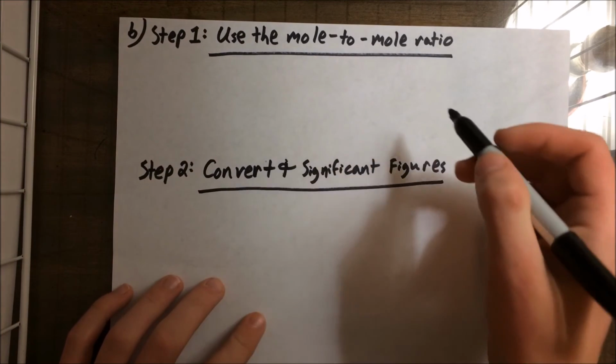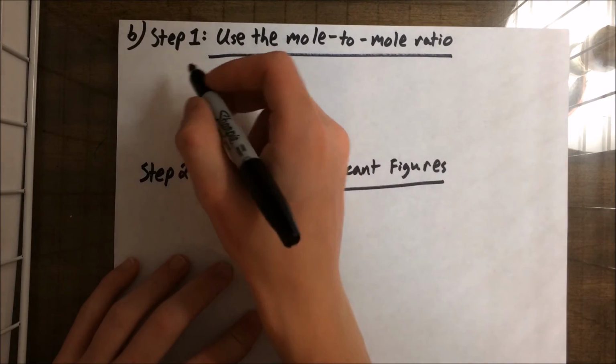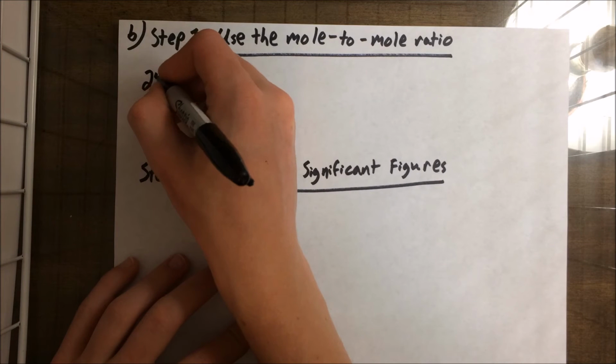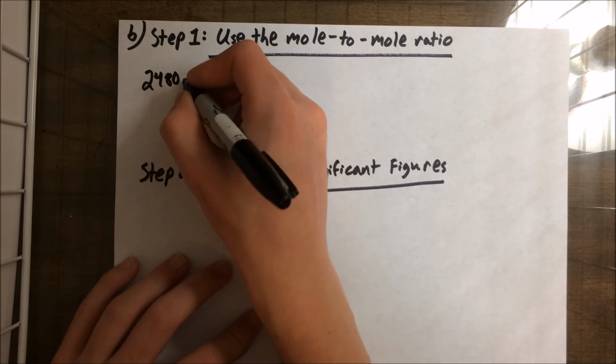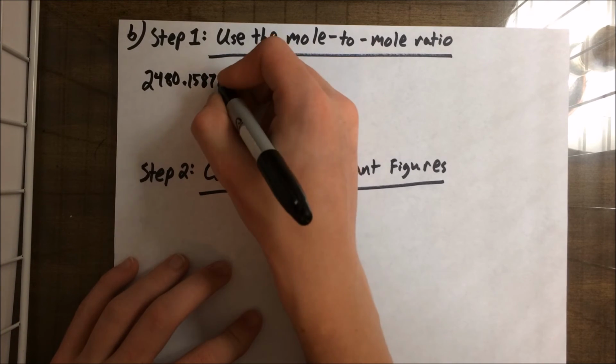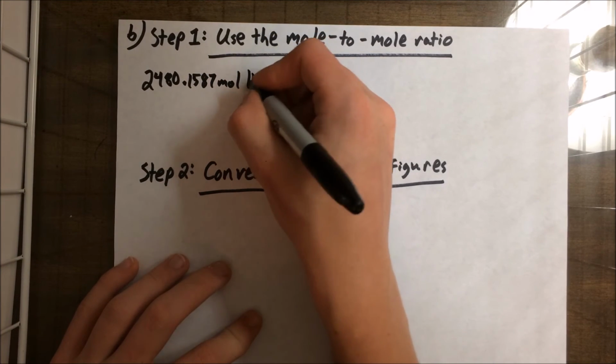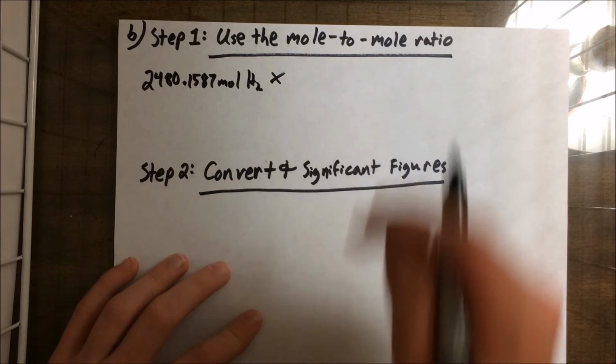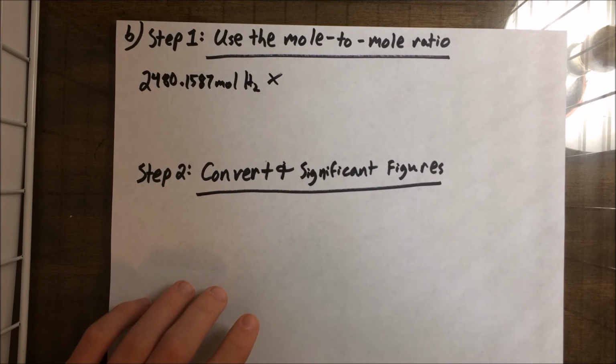So using the mole-to-mole ratio, we use the limiting reactant, how much we have of that, so 2,480.1587 moles of H2, and use the mole-to-mole ratio, which we get from our balanced reaction.